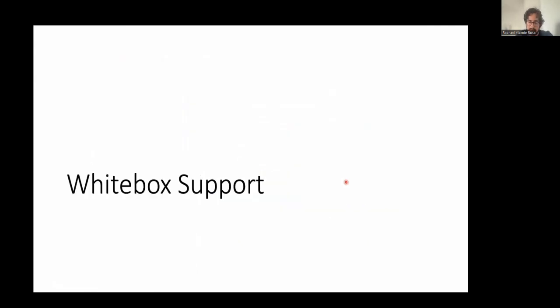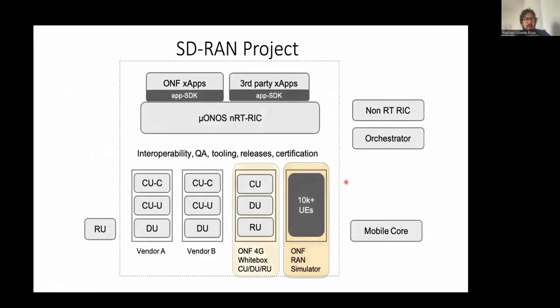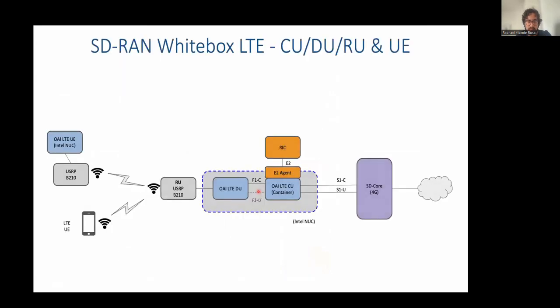And another point is the white box support of the SD-RAN project. The white box support was defined based on the OpenAirInterface component on the 4G stack, where these components were executed in Intel NUCs, together or separated.